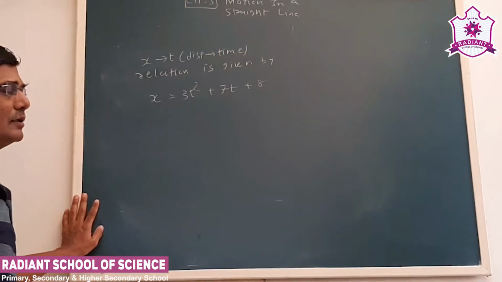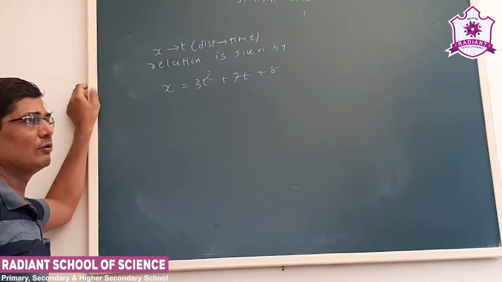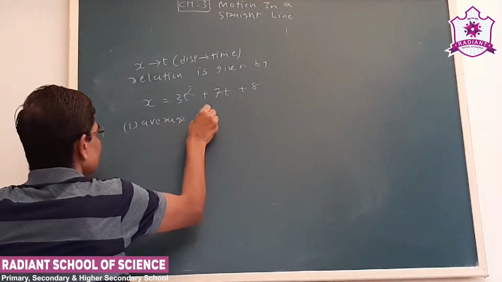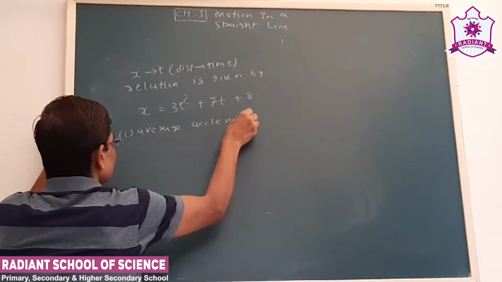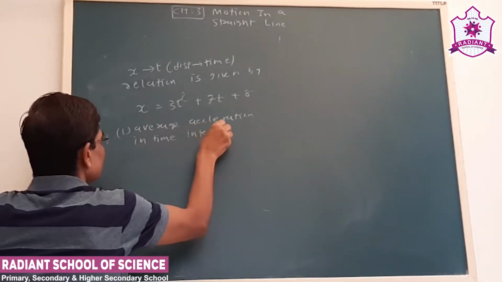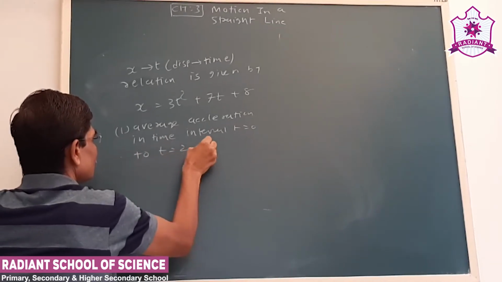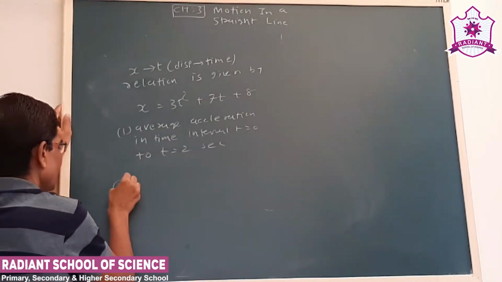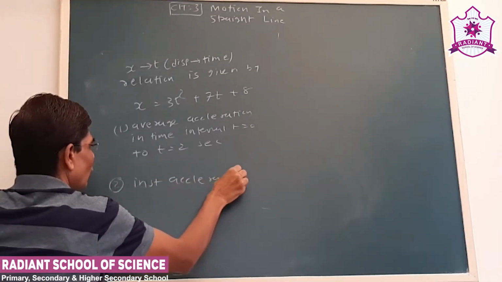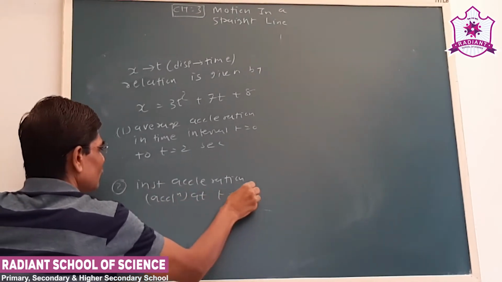Now suppose we are being asked to find out first the average acceleration in the time interval t equal to 0 to 2 seconds, and the instantaneous acceleration or simply acceleration at t is equal to 1 second.